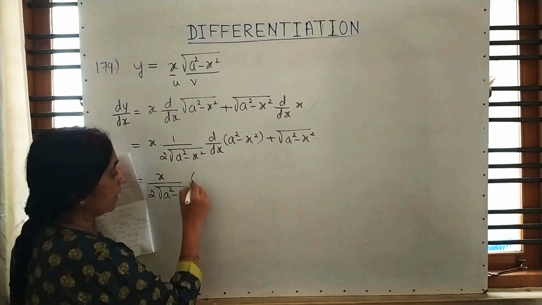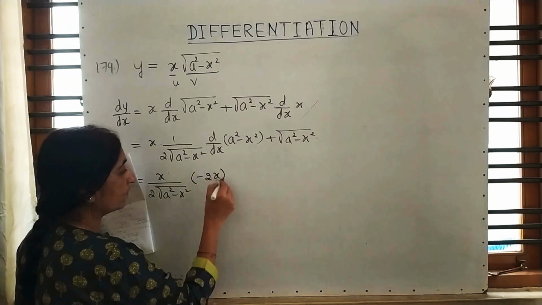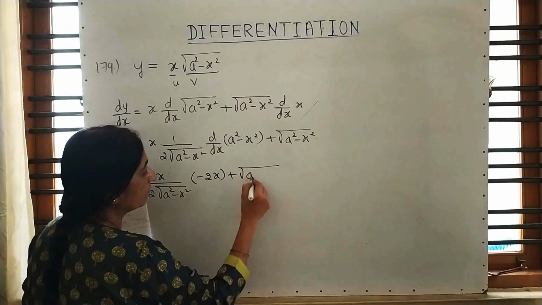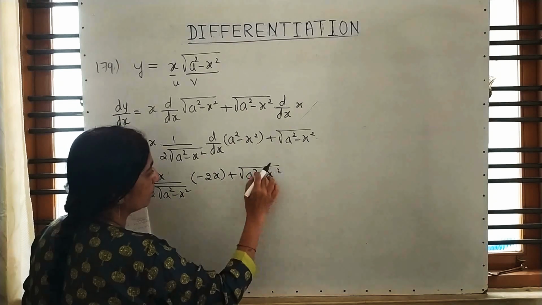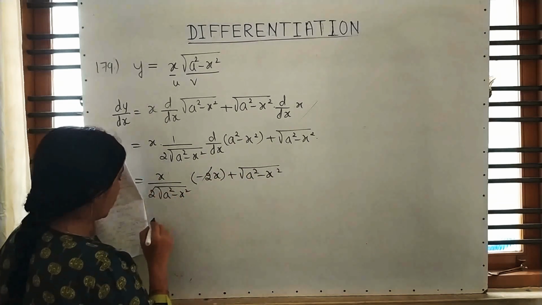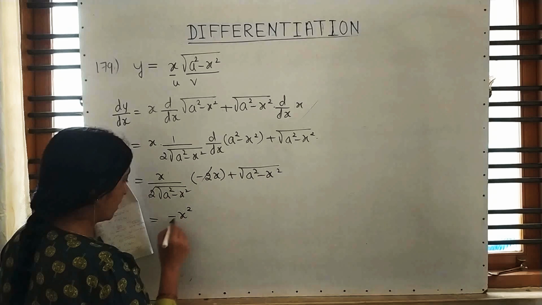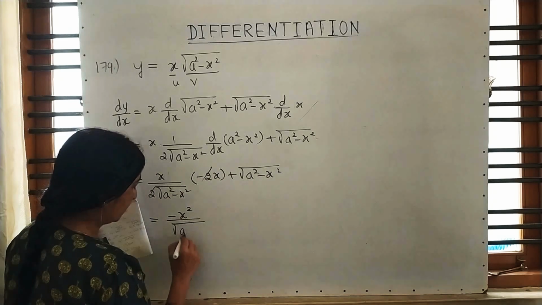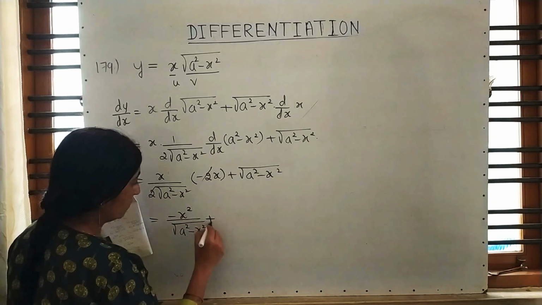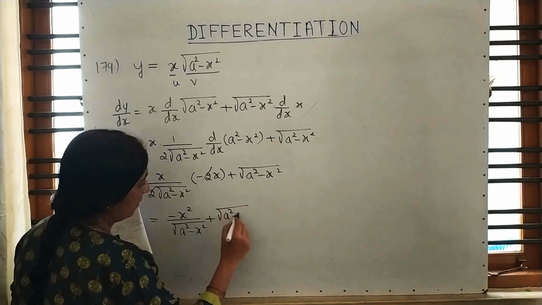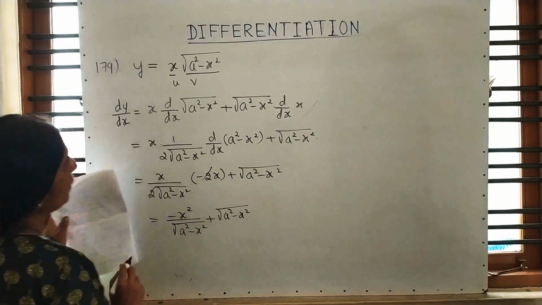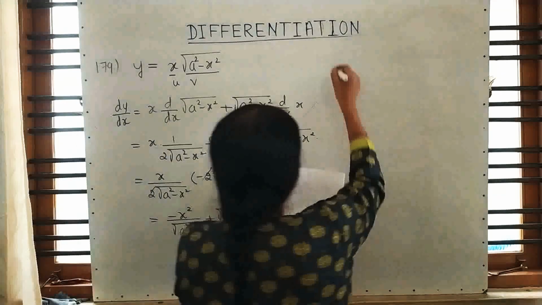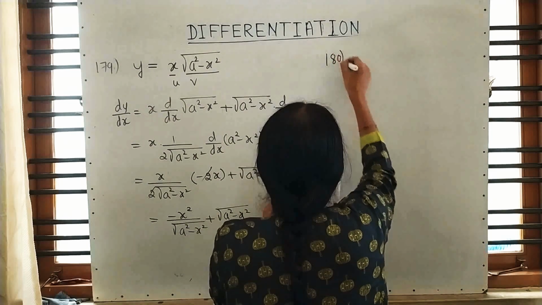Differentiation of minus x square is minus 2x. This 2 and this 2 get cancelled. This is minus x square upon, and take the LCM and simplify if you want, otherwise keep as it is.